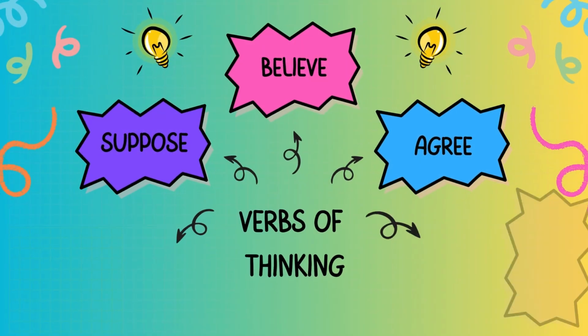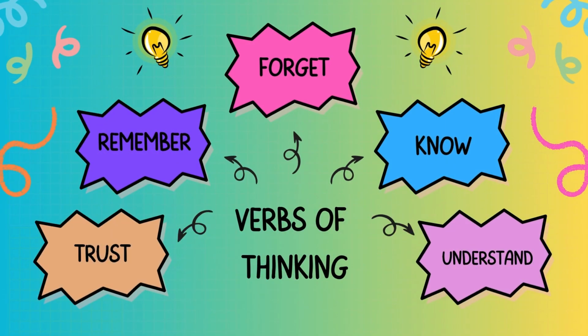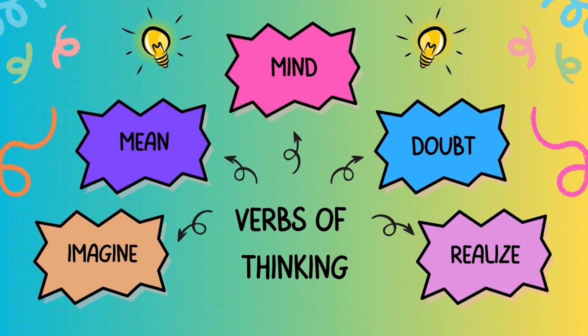The next is verbs of thinking, and the verbs that include this category are think, suppose, believe, agree, consider, trust, remember, forget, know, understand, imagine, mean, mind, doubt and realize.